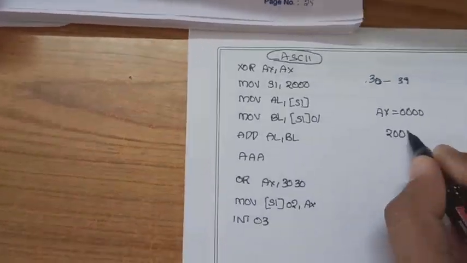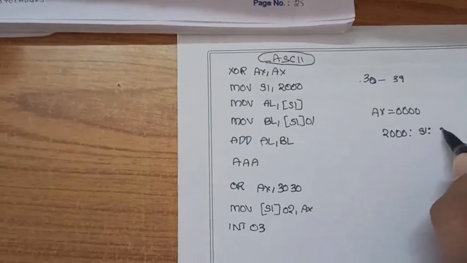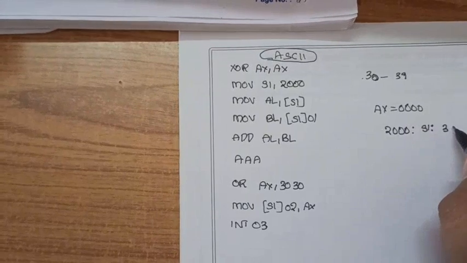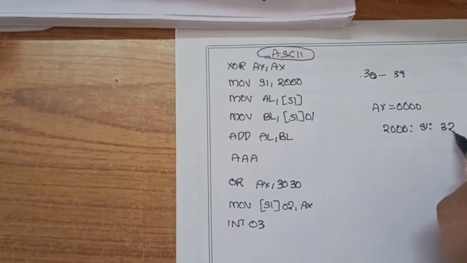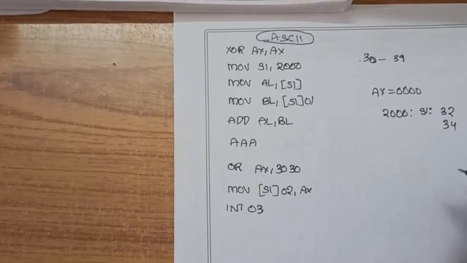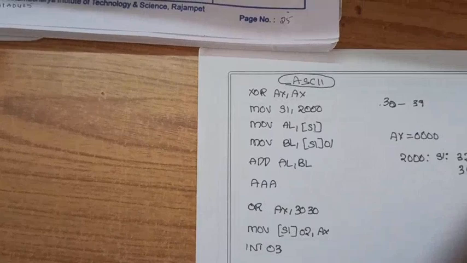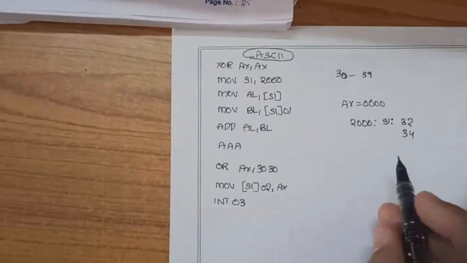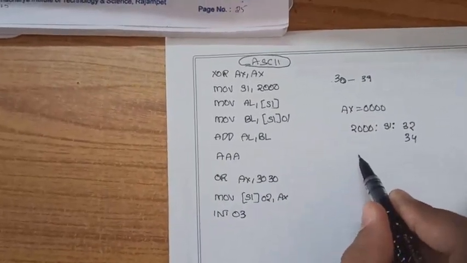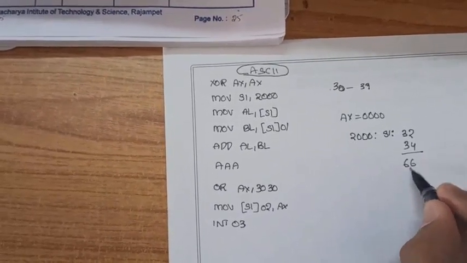So in the 2000 memory location, which is pointed to by SI, I am going to give two ASCII inputs, let us say 32 and 34. Now, how is this operation done? After addition of this data, what do we actually get? We get 66.